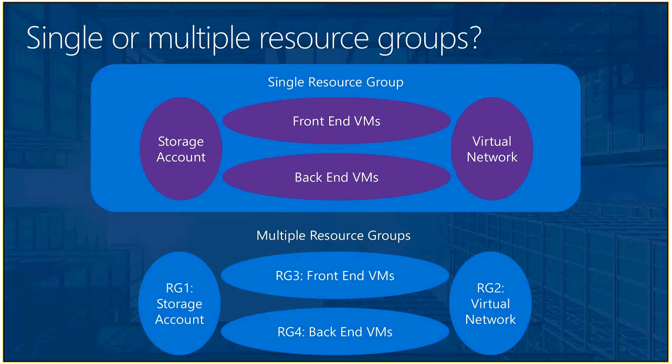We also have a scenario around multiple resource groups. Below you can see that the example shows a resource group for the storage accounts, in plural. We have a resource group for the front-end virtual machines, the same for the back-end virtual machines, and we have a resource group for virtual networks.